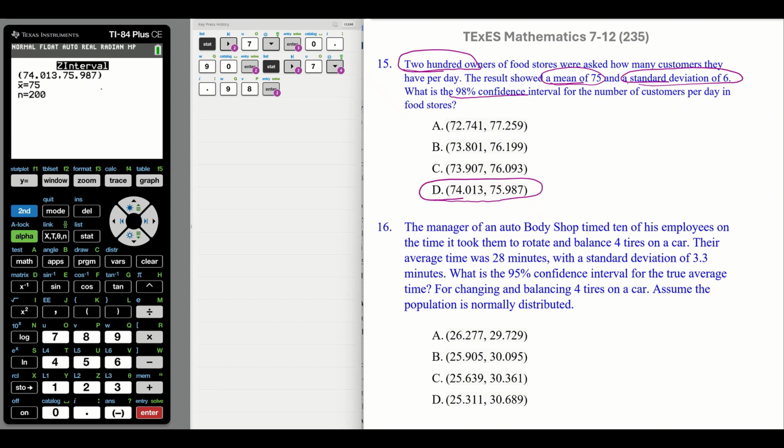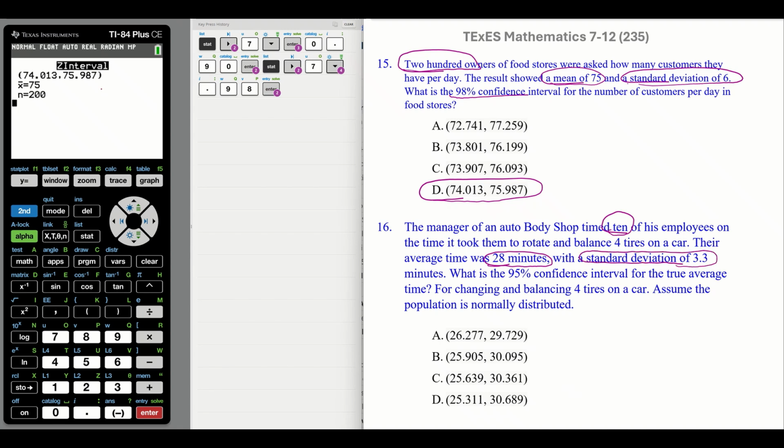Now, let's go on to 16. The manager of an auto body shop timed 10 of his employees on the time it took them to rotate and balance 4 tires on a car. Their average time was 28 minutes with a standard deviation of 3.3 minutes.